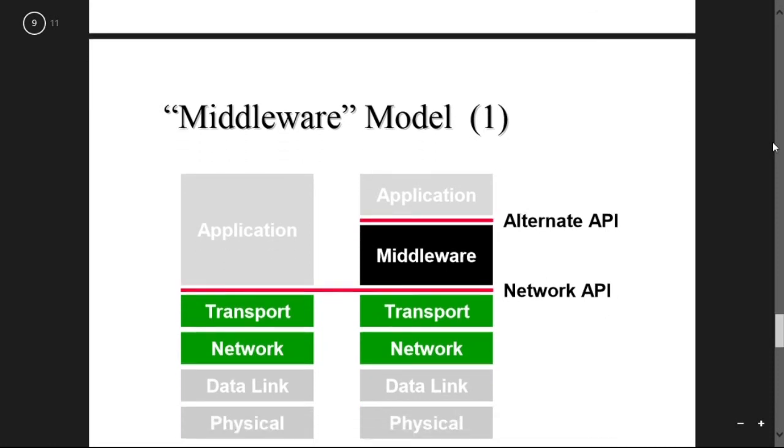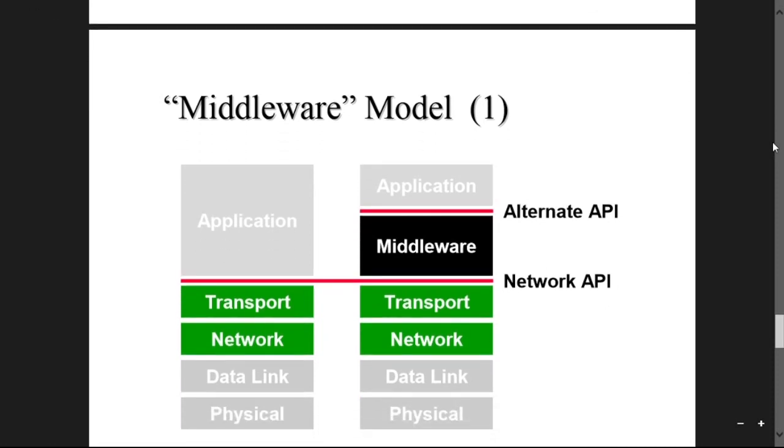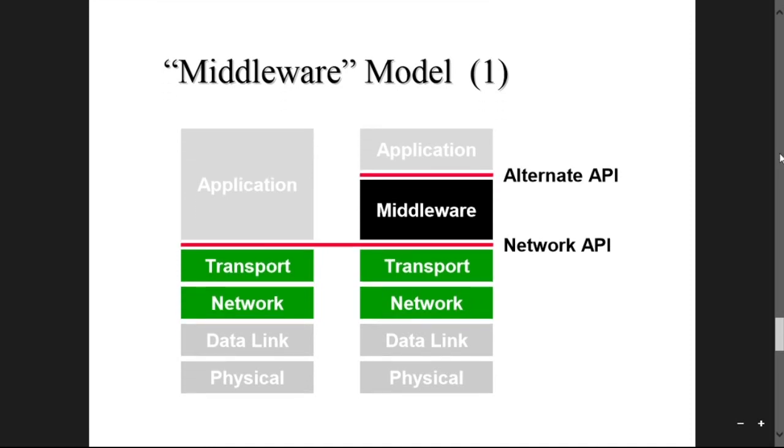See this model. This is a middleware model. Here you can see the application layer, then transport and network, then data link layer and physical layer. The left hand side is for TCP. TCP/IP has these 5 layers: application layer, transport layer, network layer, data link layer, then physical layer.